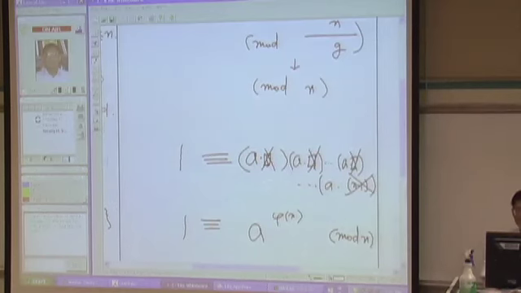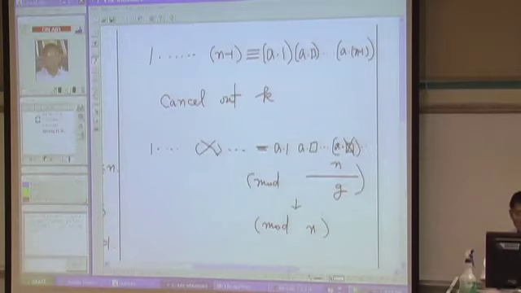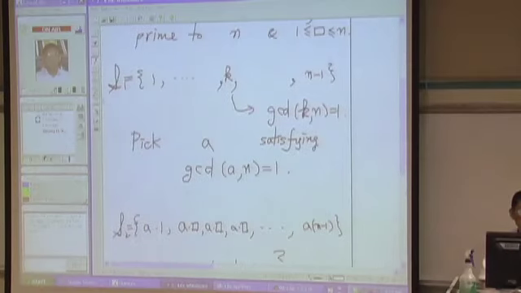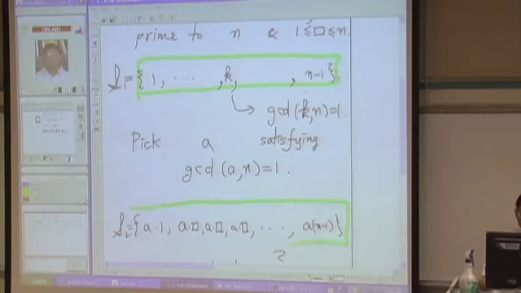So, as you can see, the key is forming two sets. This is the key to the proof. Forming two sets is the key to the proof. Once you form two sets, multiply, right?